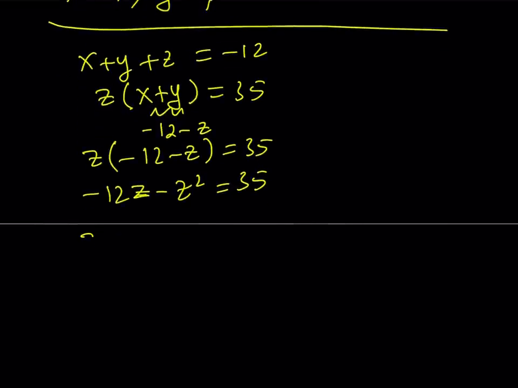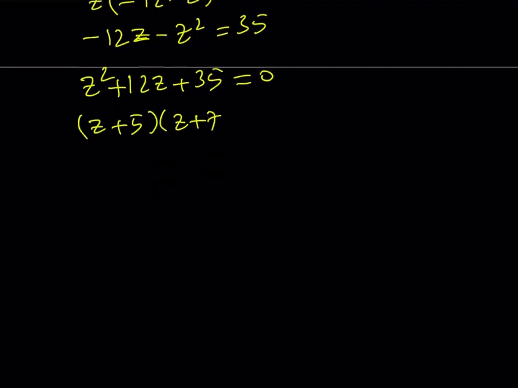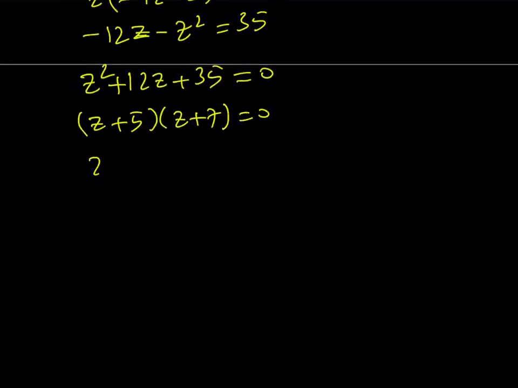And if you put everything on the same side, you get z squared plus 12z plus 35 is equal to 0. And as you know, this can be factored as z plus 5 times z plus 7 is equal to 0. And from here we get z equals negative 5 and z equals negative 7.